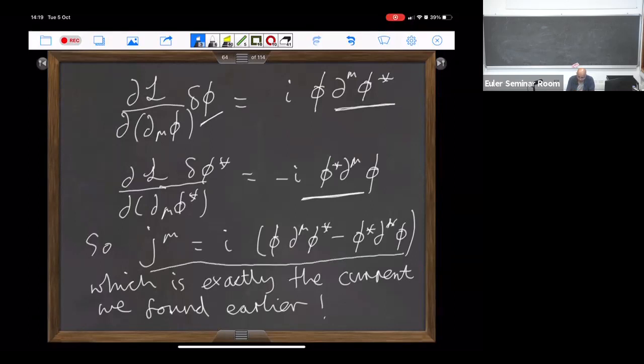That gives us this expression here, which is exactly the J mu that we had derived directly from the Klein-Gordon equation. So now we see that the reason this conserved current is there is because the system has a symmetry. And the integral of the time component of this current will be the charge associated to this symmetry.